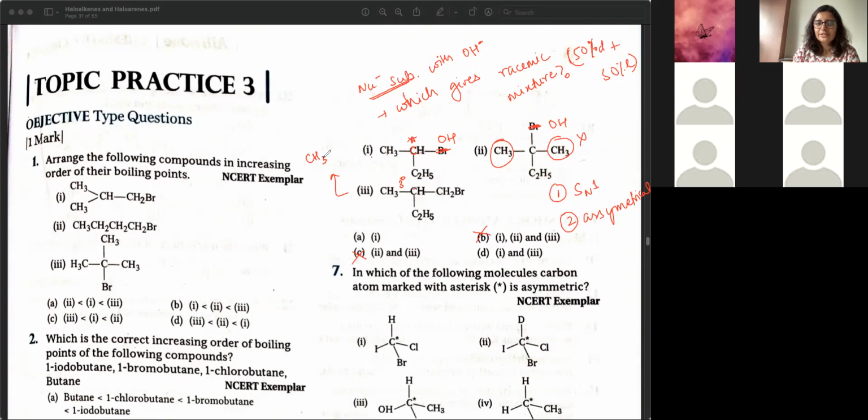This is going to rearrange itself as C2H5 and CH3. Because tertiary carbocation is more stable, once it loses bromine, hyperconjugation happens and this hydrogen will migrate over here to give you a tertiary carbocation. So once that happens, step 2 mein, your final product is going to look like this.